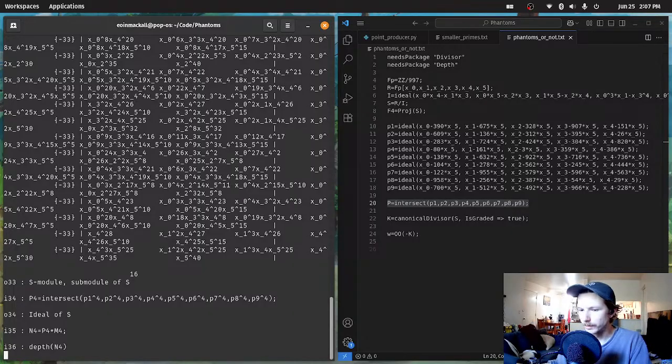If the module has depth 2, then we can use the Hilbert series function to essentially calculate the global sections of the sheafification of this module. And otherwise, we need to saturate it first.